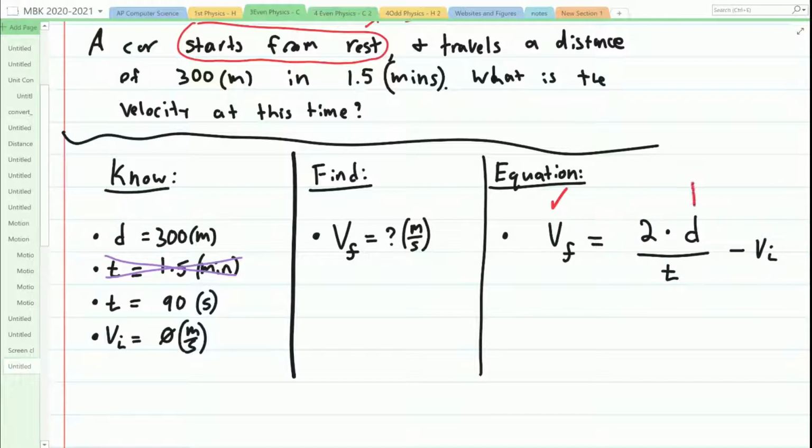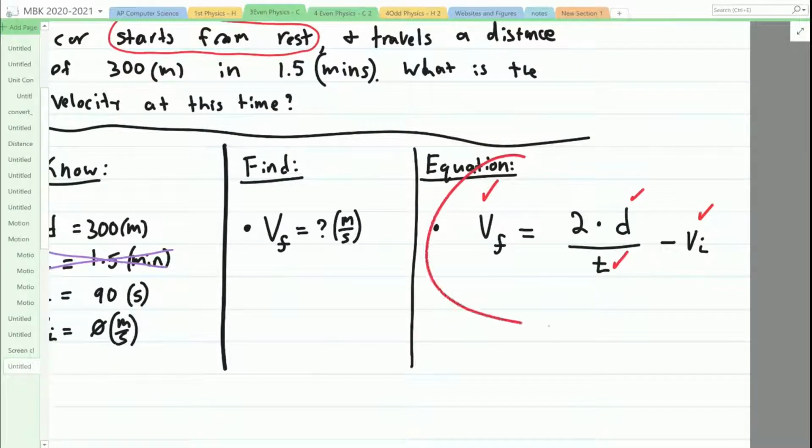I have displacement, good. Do I have time? Yep. So that gets a check mark, displacement gets a check mark, and initial velocity gets a check mark. If I have all check marks, then I'm allowed to plug in my values.